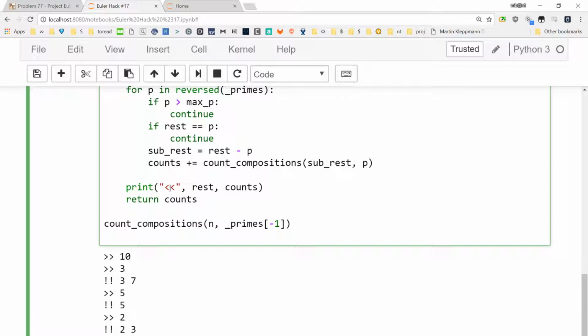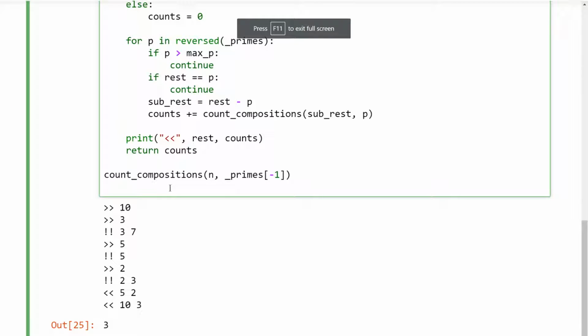For example, let's take 100. The first prime number below is like 93, and the difference, the rest, is 7.